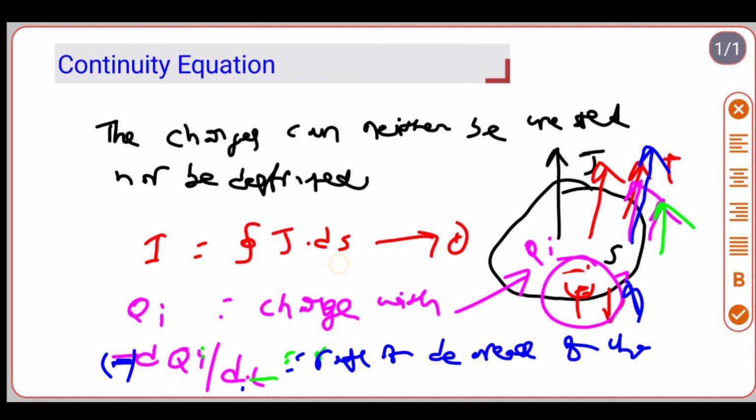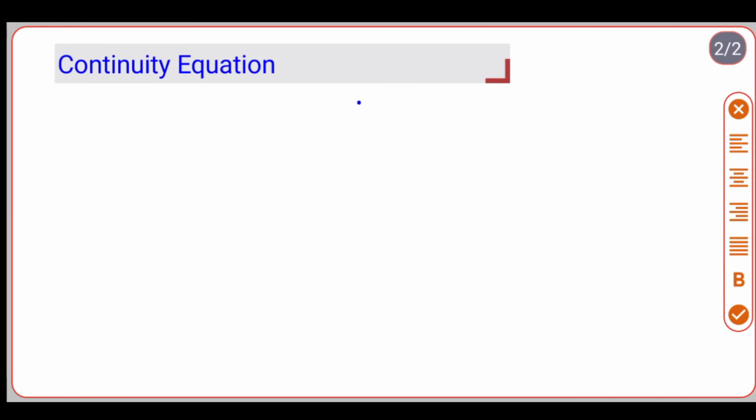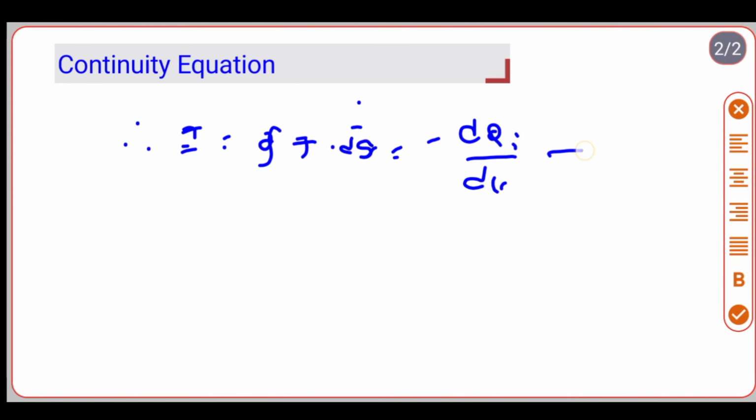Therefore we can write I equals the surface integral of J dot ds bar equals minus dQi by dt. Make it equation number 2.